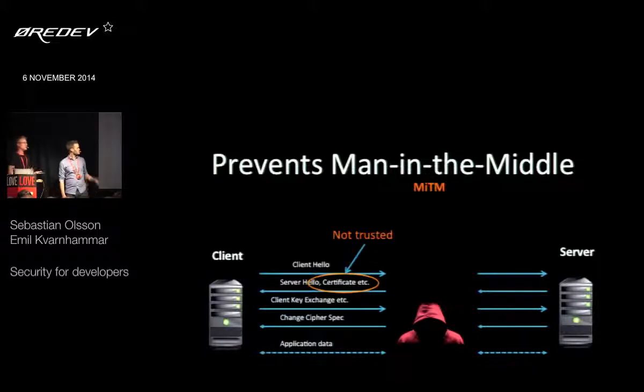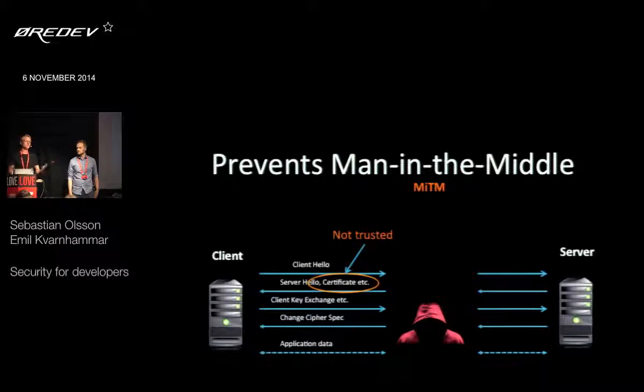So again, if we don't do certificate validation correctly, then we open up for man-in-the-middle attacks. This is equal to sending traffic in clear text. And this is something that people not always know about. People tend to think that, well, it's encrypted, so no one can read it or modify it. But they definitely can if the service certificate is not validated.